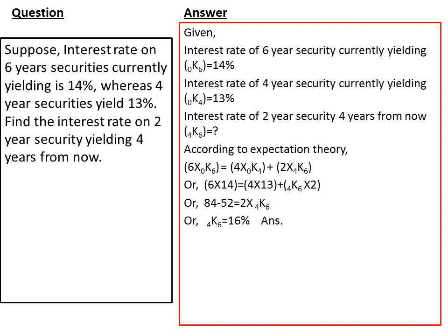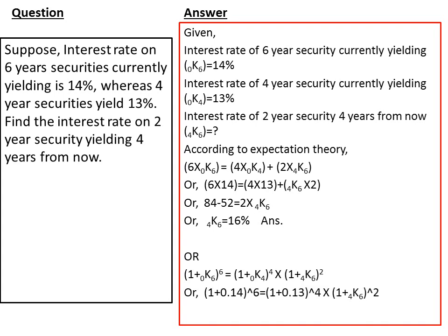You can also calculate this value by the multiplicative model, but the multiplicative model gives a little bit more answer because of the compounding effect. So now you can put the formula. 1 plus 0K6 to the power 6 equals 1 plus 0K4 to the power 4 into 1 plus 4K6 to the power 2. We have put the values of 0K6 and 0K4.